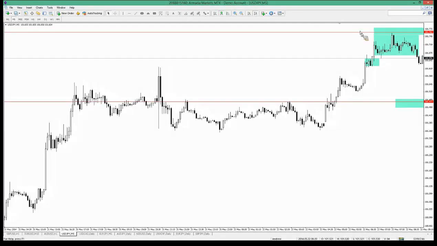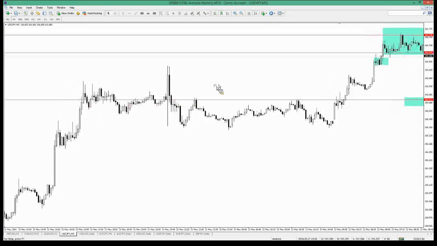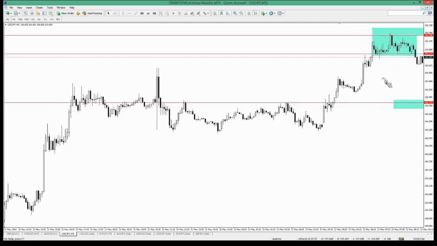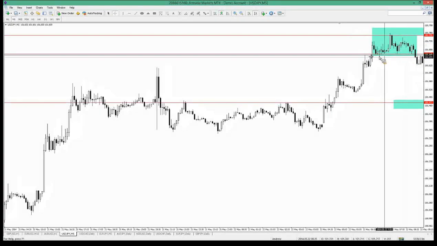So we essentially have something like this and like this. Once again, you see I'm chopping the wicks through here, and you could even look at this little range in there if you wanted to. But we've got a range of about 7-8 pips, somewhere around there.